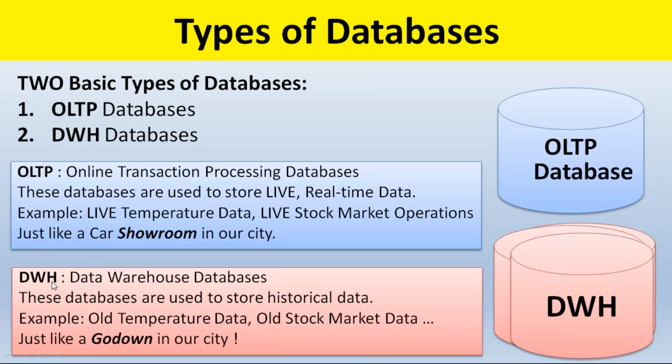Data warehouse stores historical data, old inactive data. Both are equally important. Today's live would be tomorrow's history. Multiple OLTP databases will be resulting in a data warehouse, just like multiple showrooms, a common godown.